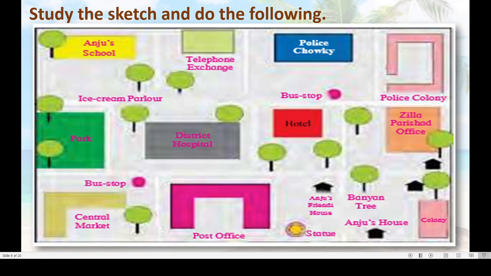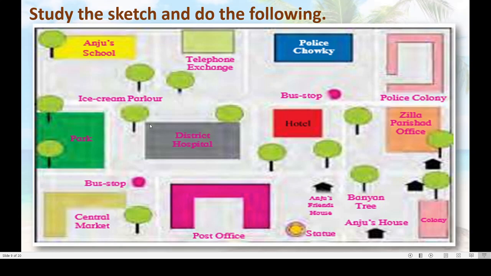Okay, see this. Again, this is a locality of Anju, where she lives. But here, this is called a sketch. It is not a picture. It is not a map. It is a sketch. What is the difference between the picture and the sketch? Can you tell me?